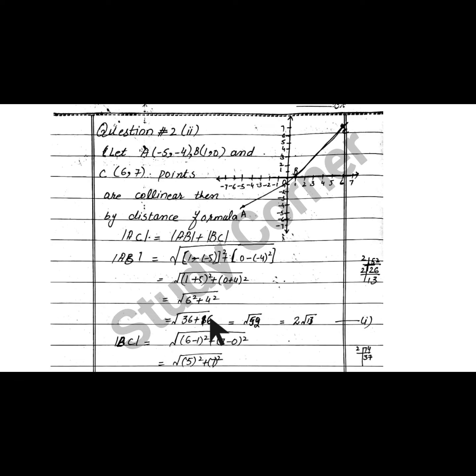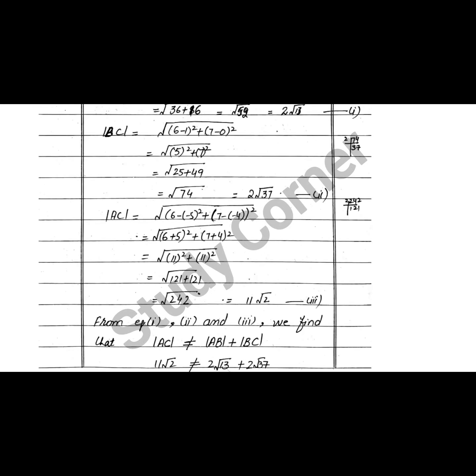When you add 36 and 16 you get square root of 52, and by prime factorization of 52 you find that this is equal to 2 times square root of 13. Okay, now BC, we have to find that.